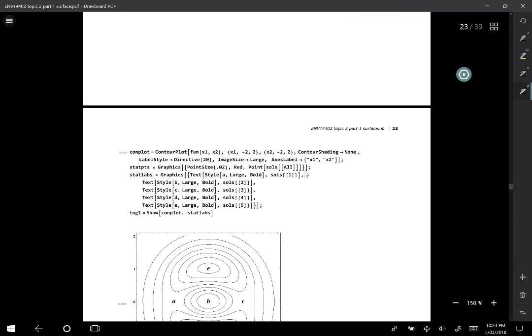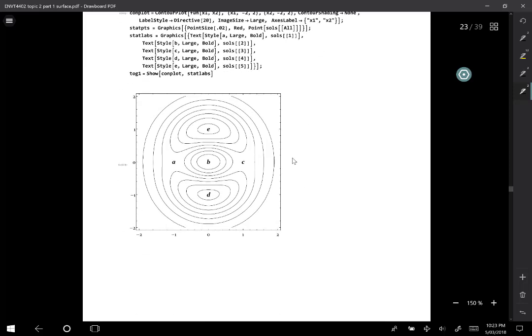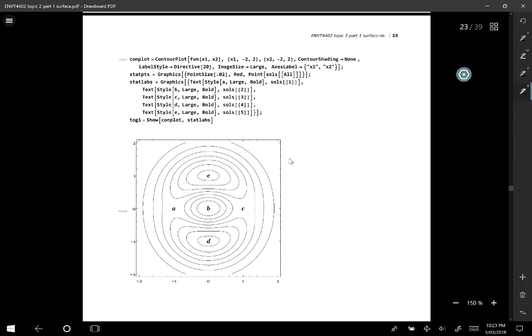So the obvious thing to do is to plot these, and we could start off doing a contour plot, and the function's got this quite elegant shape here, and these points have identified the 5 stationary points. So there's one there, one there, one there, one there, and one there.